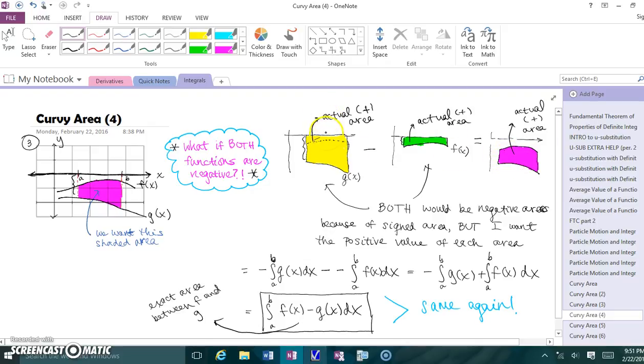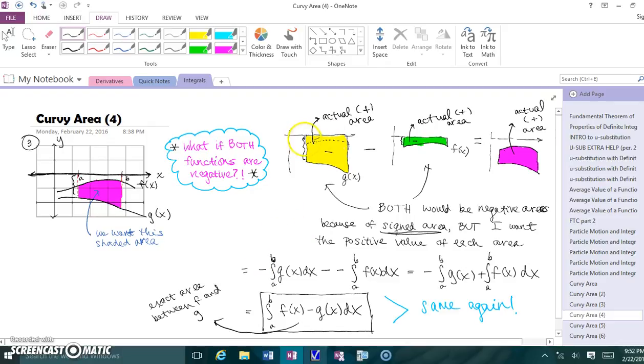Now, whenever I'm doing this manipulation here, I'm considering only the actual positive areas, okay? Now realize that because of signed area, once again, these areas are actually negative quantities because they're below the x-axis, but I want to be thinking of them as positive amounts. So I'm going to have to do a little manipulation here to make them positive.